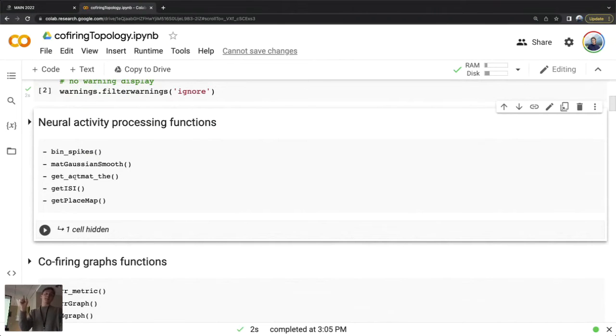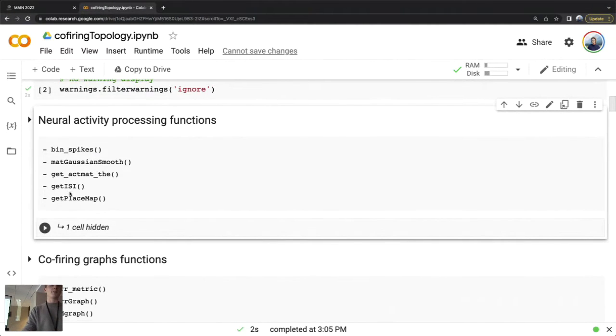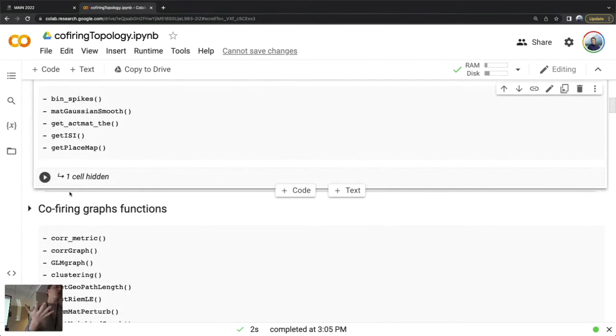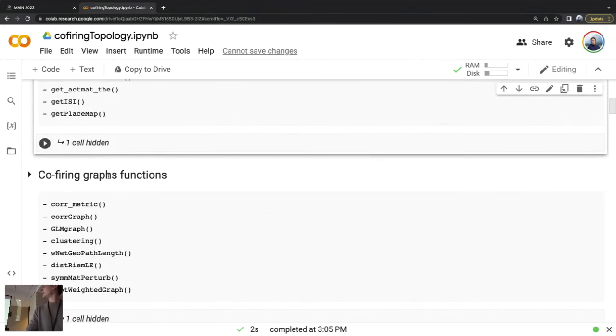Then get actmat uses the theta information to extract the activity matrix only during active times. The ISI is the interspike interval, and I will show you later what that is. It's just a way of characterizing or summarizing the way that a cell is active. And the place map is just, yeah, it says in the name.